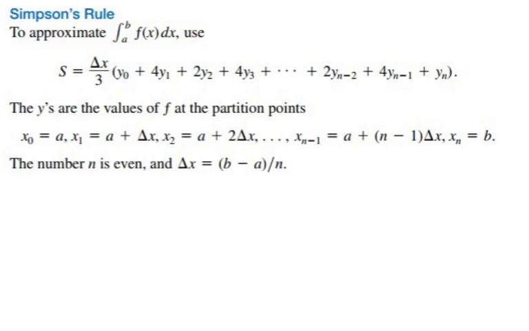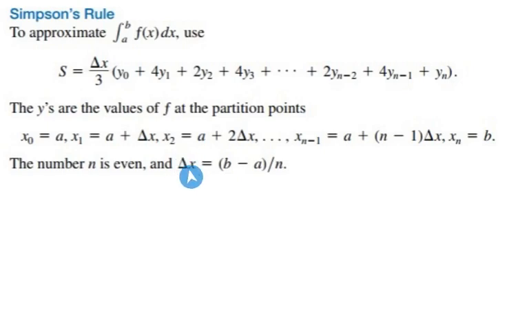So we determine these y values by plugging in x values that are determined by regular intervals all the way up from x sub 0 equals a and my last x sub n equaling b.